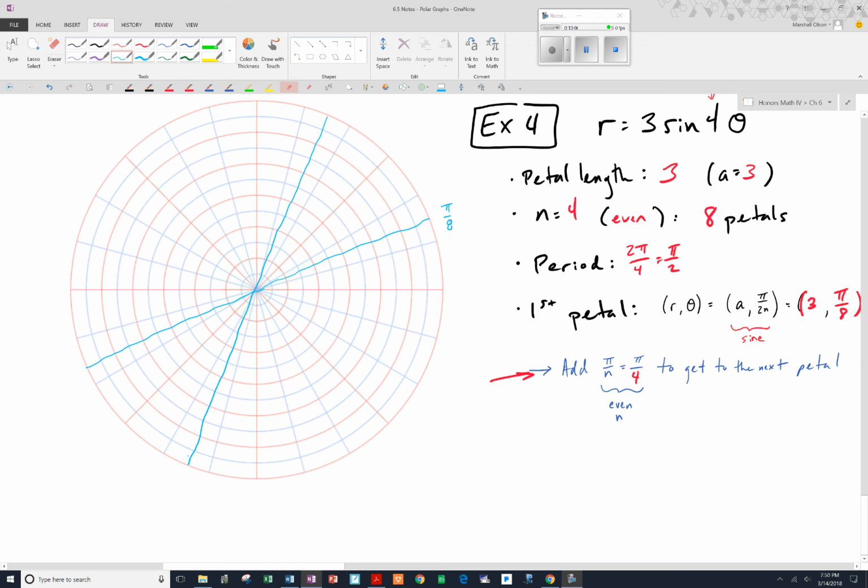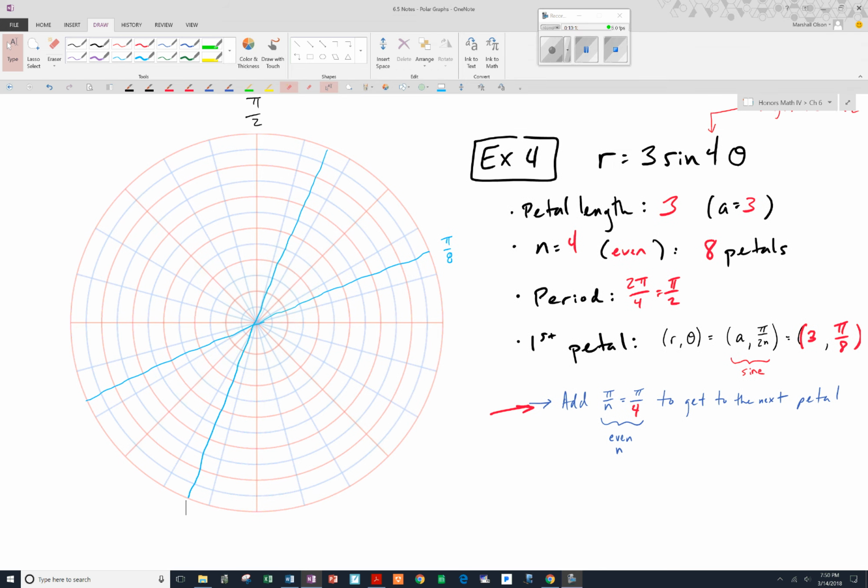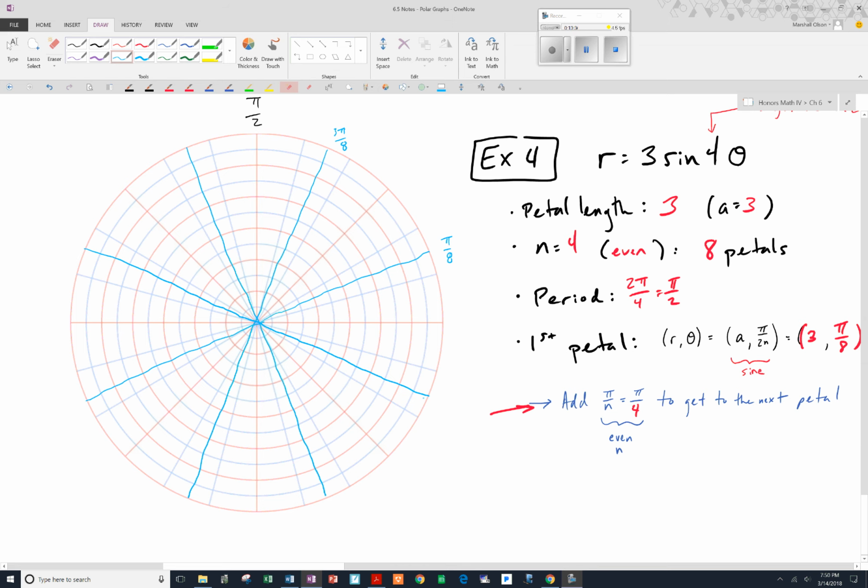So I'm just going to get ready to mark them here, because in between each of those, this would be 3 pi over 8, which means that I'm adding pi over 4 to get to it. So I know that I'm going to go from one to the next there. Let's get this one in here. And then finally, I don't think I have this one yet. Those are all going to come in handy here.